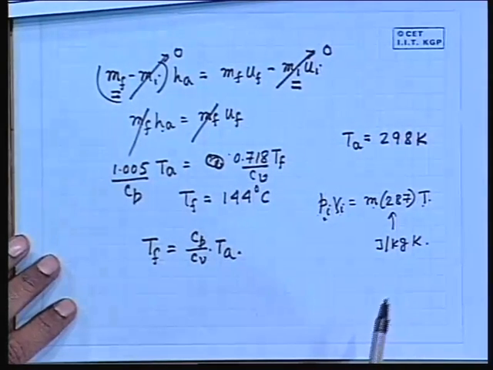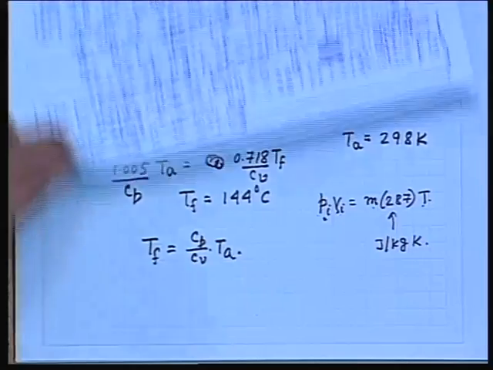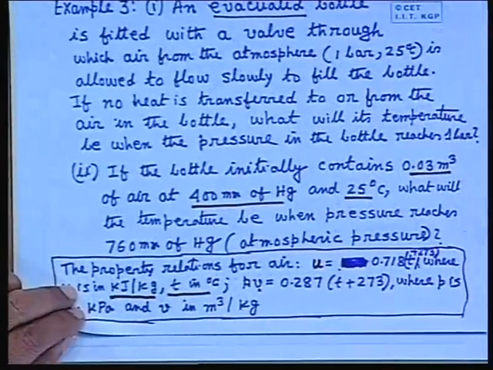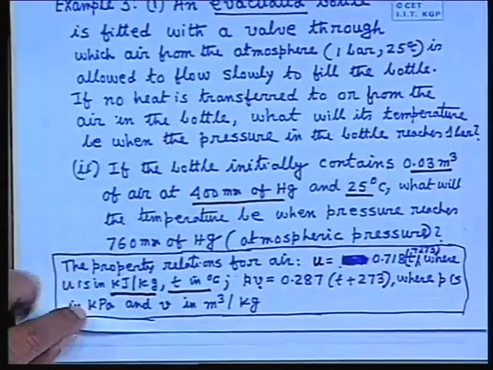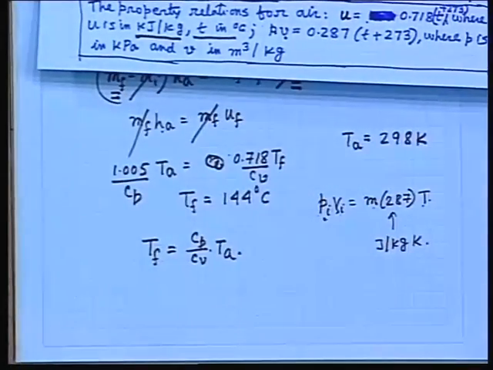This I am giving you as an exercise with the answer for TF. What is the answer for TF? In that case, what is the problem? If the bottle initially temperature, I am giving you the answer for this, just wait for some time.